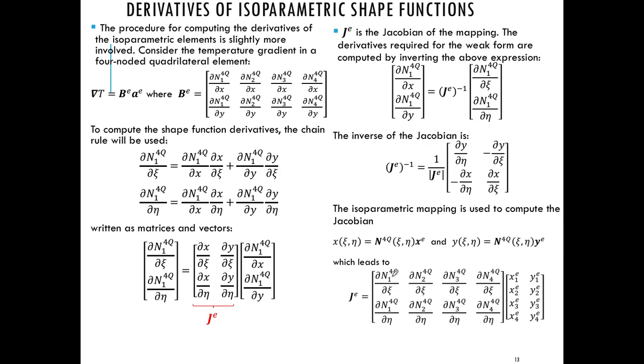That is the derivatives of each of our shape functions with respect to psi and eta, multiplied by the nodal positions, multiplied by the nodal coordinates. So that's how I can find this del x by del eta, del y by del eta, del x by del psi, del y by del psi, by using this expression.